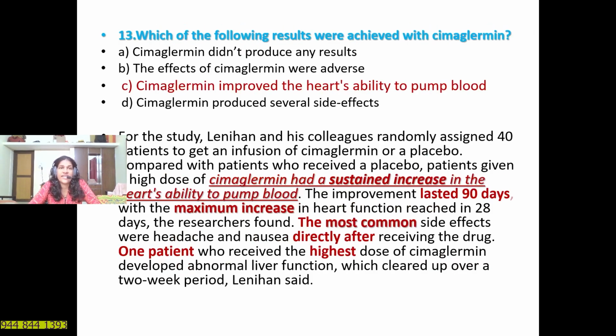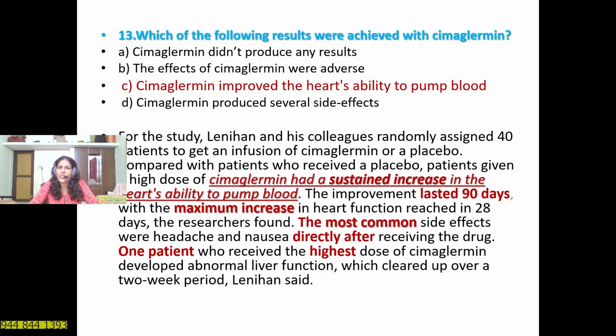Question number 13. Which of the following results were achieved with semaglutide? They have done the trial and come to a conclusion about what was good and what was not achieved. Before going to the options, go to the text. For the study, Lenihan and his colleagues randomly assigned 40 patients to get an infusion of semaglutide or a placebo.